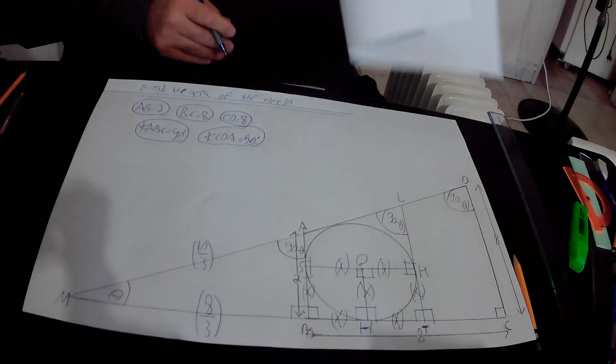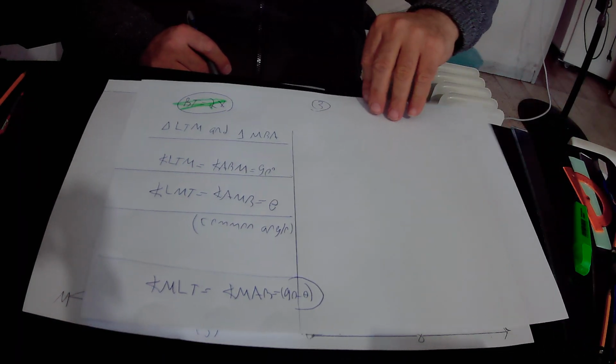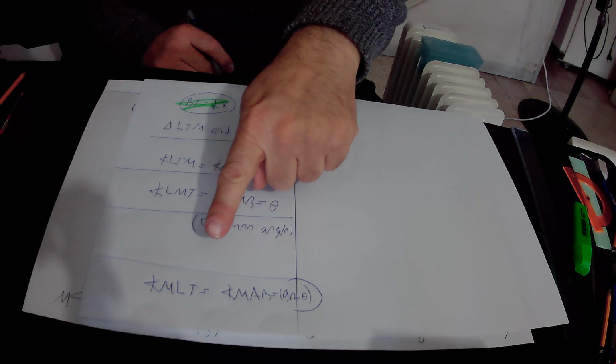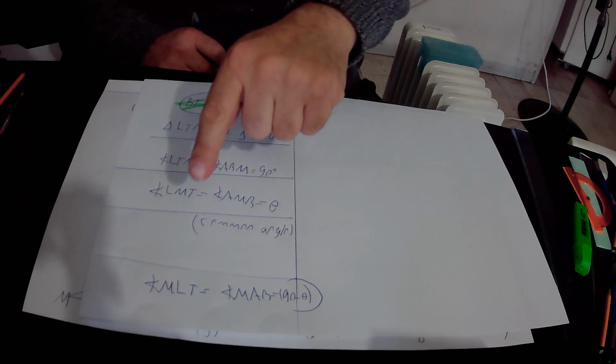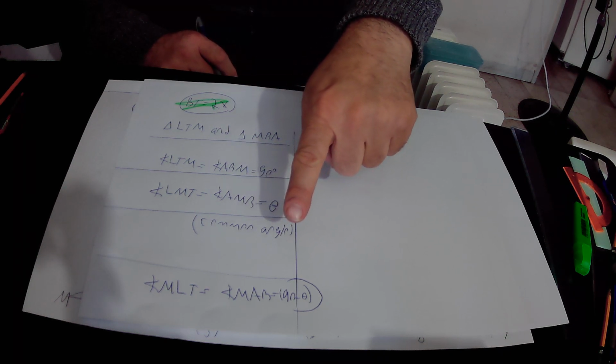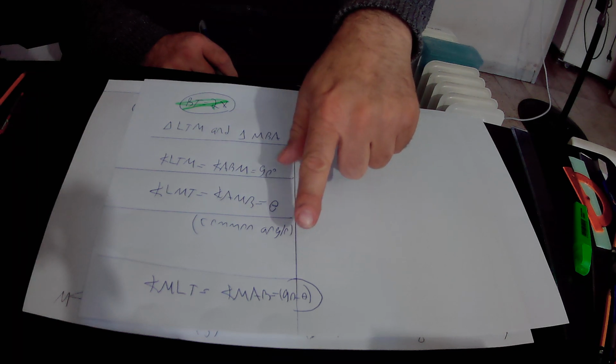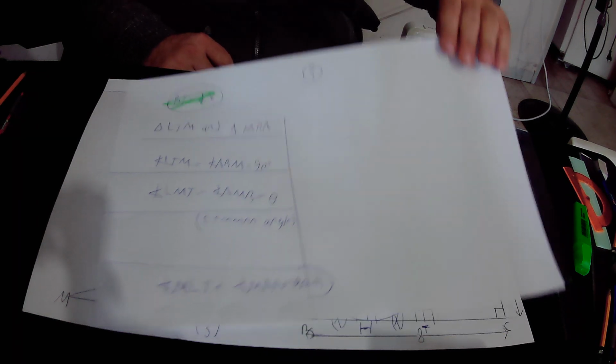Repeat again: angle MLT in the middle right triangle LTM equals angle MAB in the small right triangle MBA. They're both equal to 90 degrees minus theta, therefore they're equal to each other.